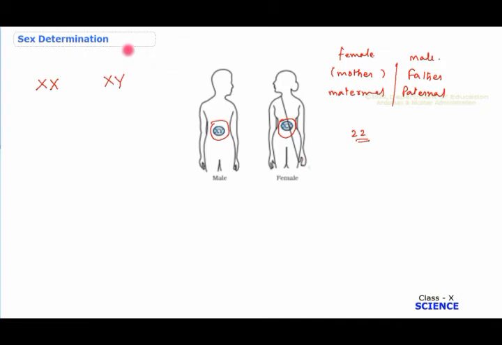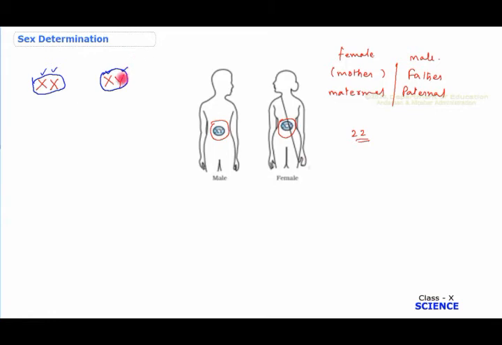Women have a perfect pair of sex chromosomes, X and X, whereas men have a mismatched pair in which one is a normal sized X and the other one is short, which is called the Y chromosome. So women have sex chromosomes XX and males have XY.